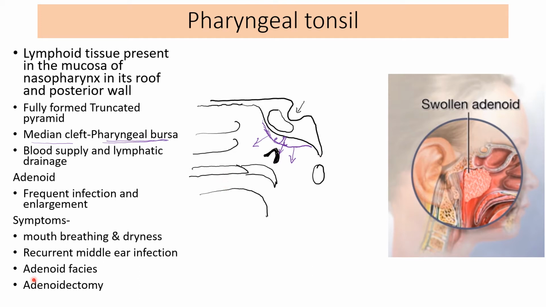If it is not there, the front teeth are inclined forward, and that leads to formation of adenoid facies. So there are forward inclined teeth in the adenoid facies. The treatment of this is adenoidectomy.